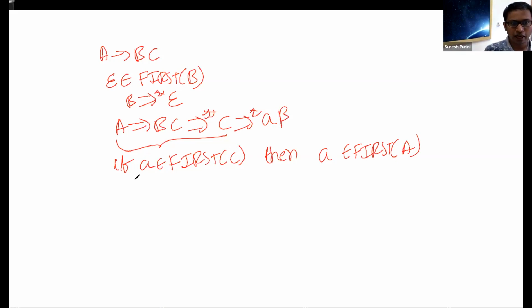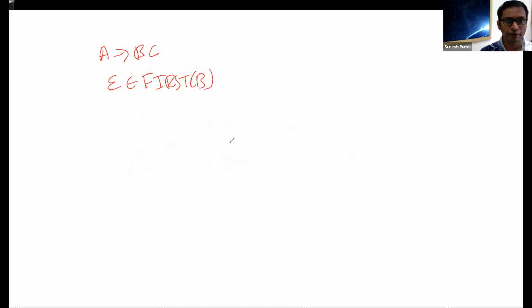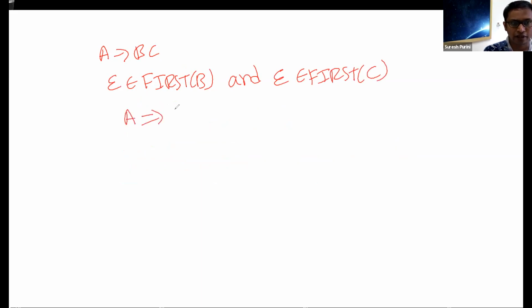Now let's look at another case. So again, we have the substitution rule A goes to BC, epsilon belongs to first of B, and epsilon belongs to first of C. So what it means is from A, we have BC.